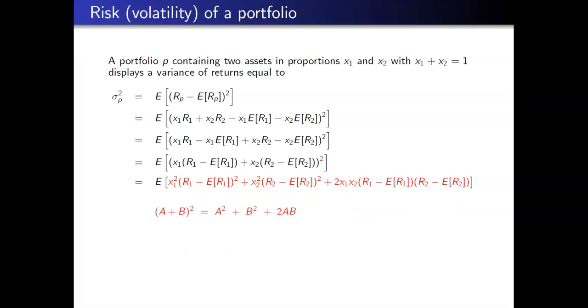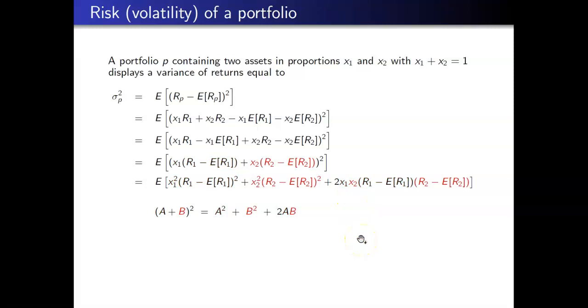Let's do it step by step. (a + b) to the power 2 is equal to a squared plus b squared plus 2 times ab. So a is x1 times (r1 minus expected return of 1). So a squared plus 2 times ab plus b squared. The terms are separated because I've put the x's together here.